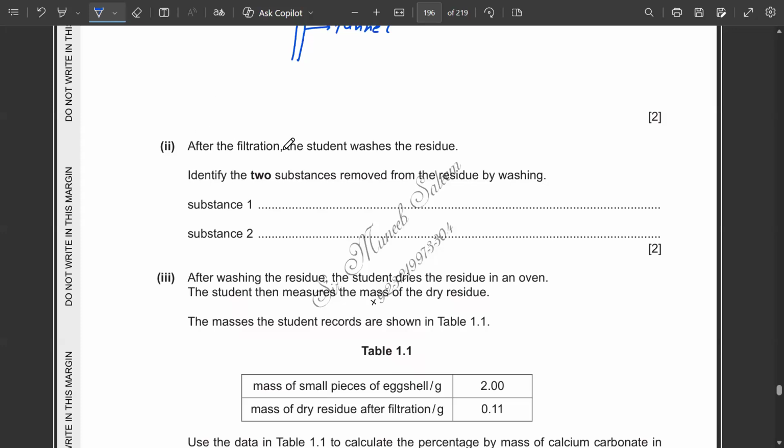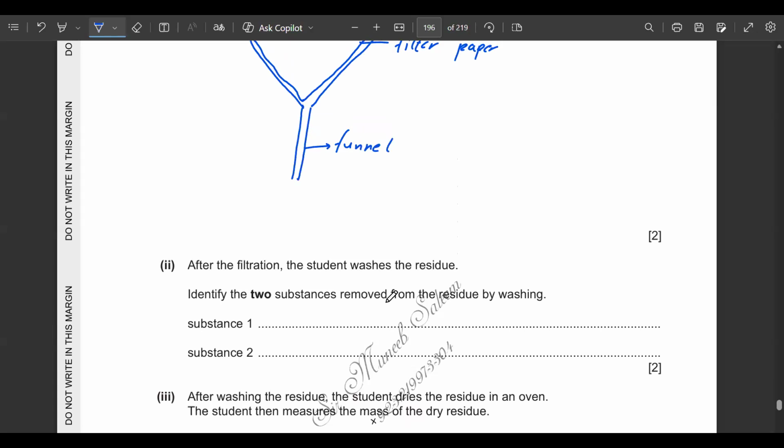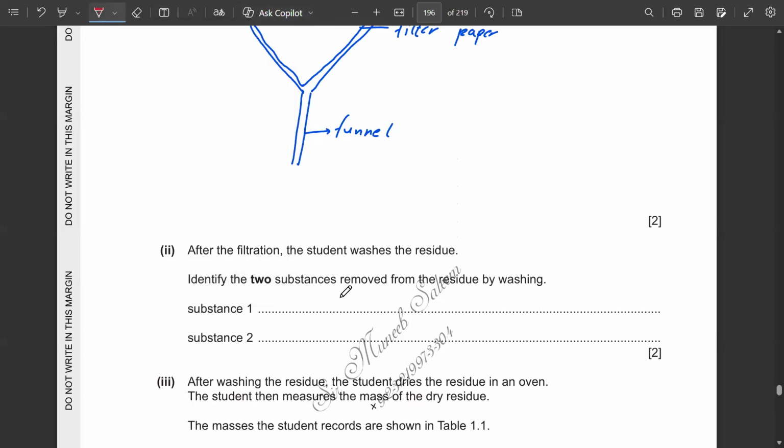Part 2. After the filtration, the student washes the residue. Identify the two substances removed from the residue by washing. So the residue, as you know, is the solid part here, and we have the excess amount of the hydrochloric acid present in the liquid.